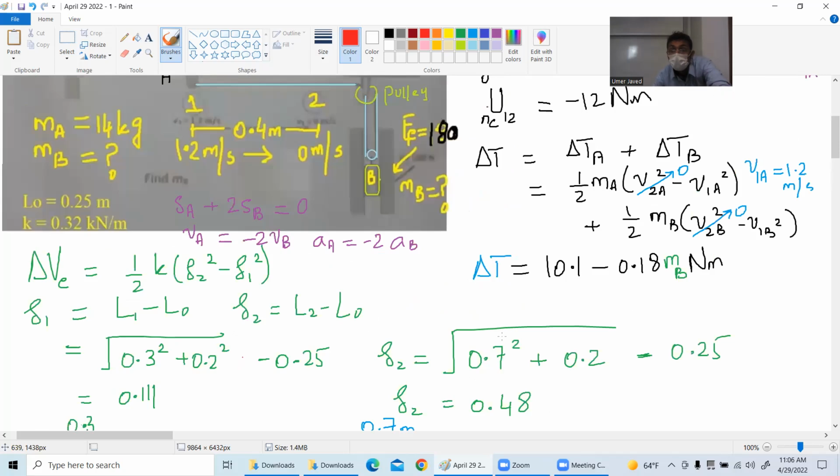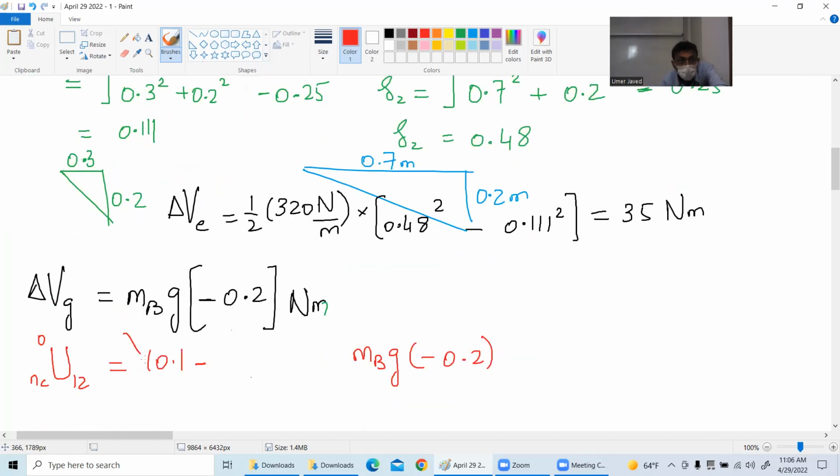Oh, I think here I made a mistake. This is half MA V2 square minus V1 square. So I think there is another negative sign here. So I will have negative 10.1 minus 0.18 MB, and then I will put the brackets, and then I have plus this chunk delta VG, plus for delta VE, I will see my delta V is 35 Newton meter.